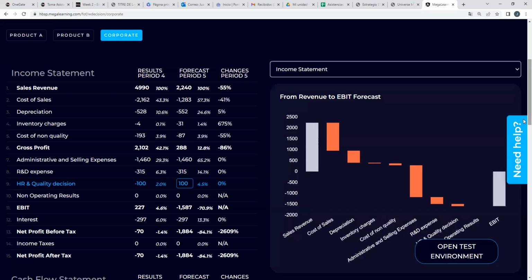This means that you guys invested $100 in the previous round of human resource and quality decision, which $100 is the 2% of the sales revenue. What you guys are going to invest in this new round? Are you going to invest the same $100? Are you going to increase that amount of money? Are you going to decrease that budget? Decision up to you.